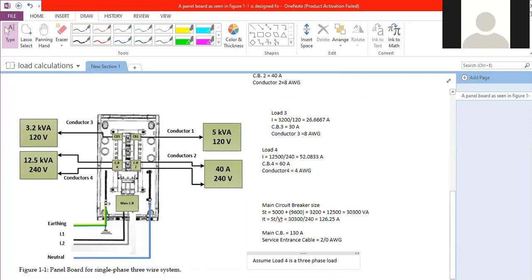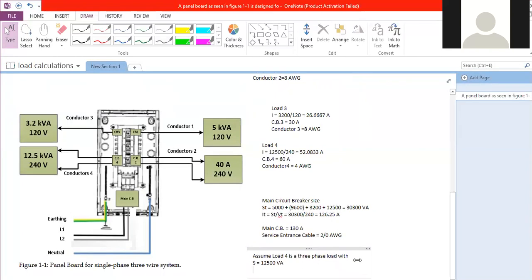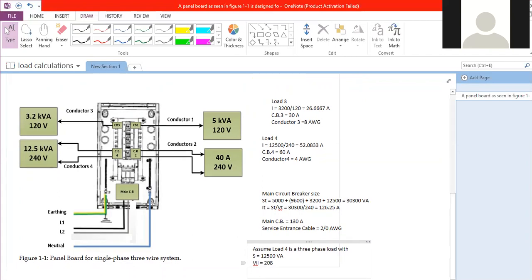Assume load 4 is a 3-phase load, with S equals 12,500 volt-amperes, and the line-to-line voltage given as 208. Suppose this came as a question, a totally different question. So it is 3 phase, the power is 12,500 and the voltage is 208 line to line. So calculate and so on.